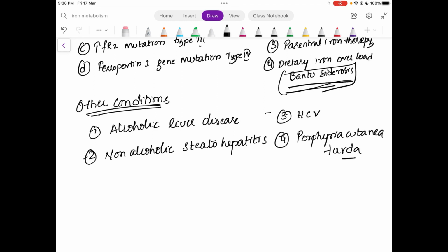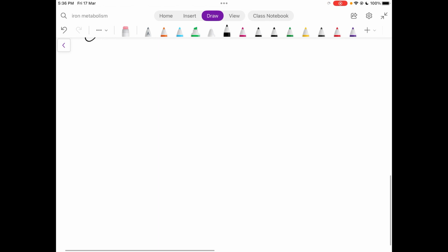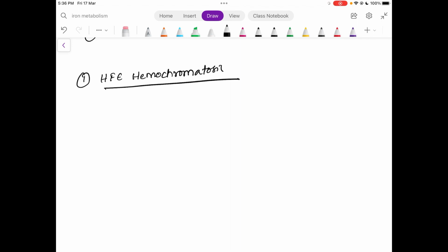We'll see individual mutations. First, we'll see HFE hemochromatosis. Normally, iron is transported with the help of transferrin, and iron is present in a transferrin. This is called holotransferrin.